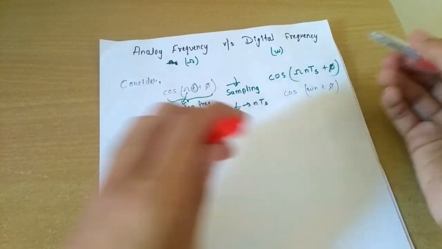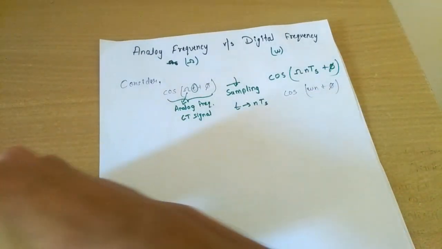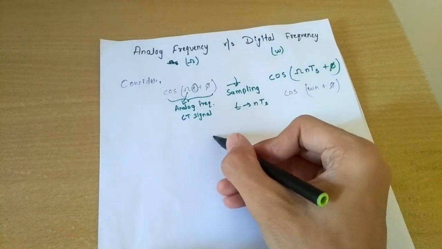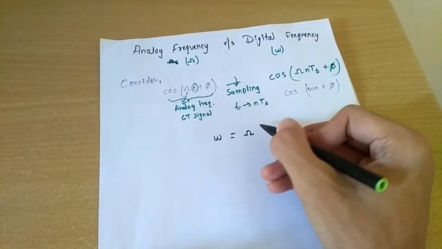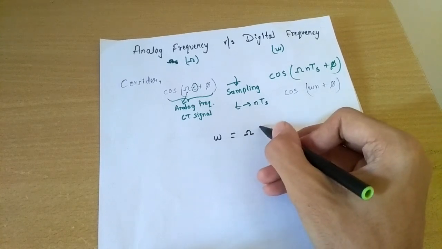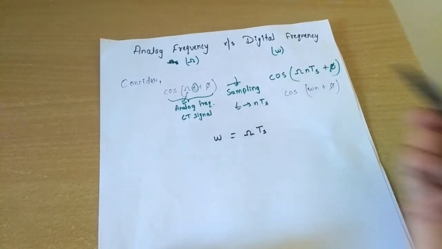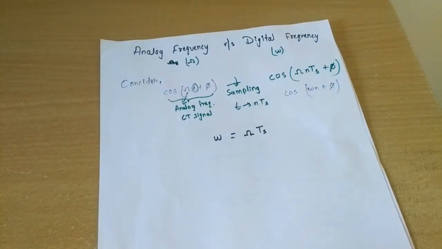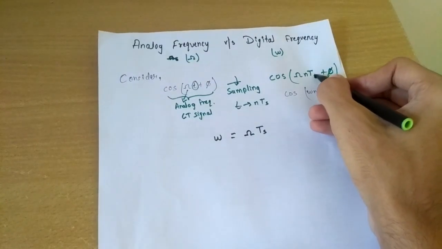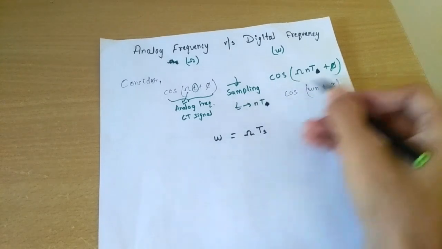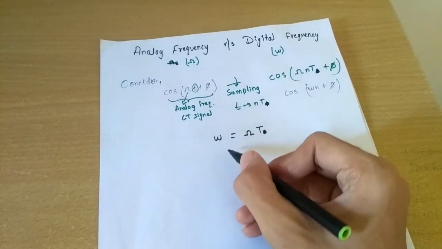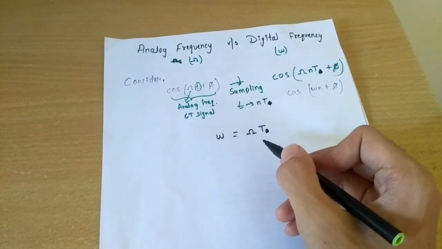So comparing these two, we get our digital frequency ω as analog frequency Ω into T, or Ts. Over here we will be writing T only because t is replaced by nT. For as of now, don't get confused. So ω equals Ω T.